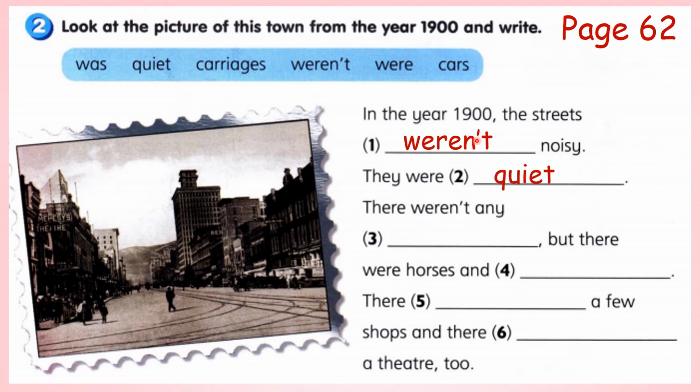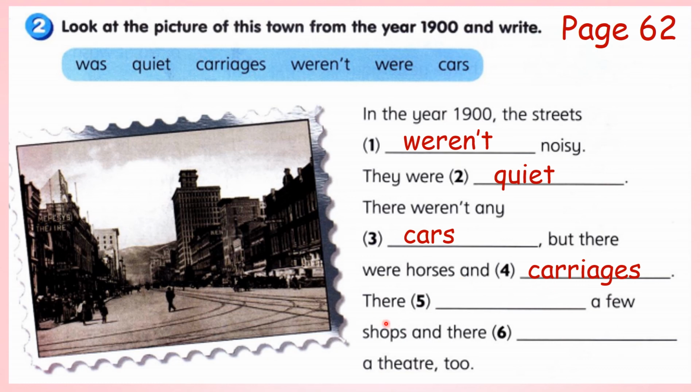So, pada tahun 1900 jalan-jalan tidak bising. Kalau tak bising, they were quiet. Okay, sunyi. There weren't any blanks, but there were horses and blanks. So what is the answer for number 3? Cars. There weren't any cars. Tidak terdapat kereta, tetapi yang ada hanyalah kuda-kuda and yes, carriages dan kereta kuda.